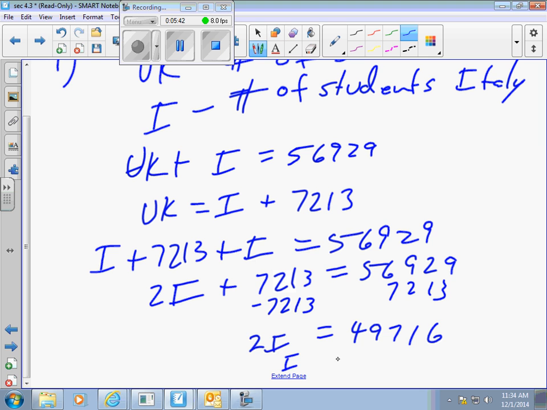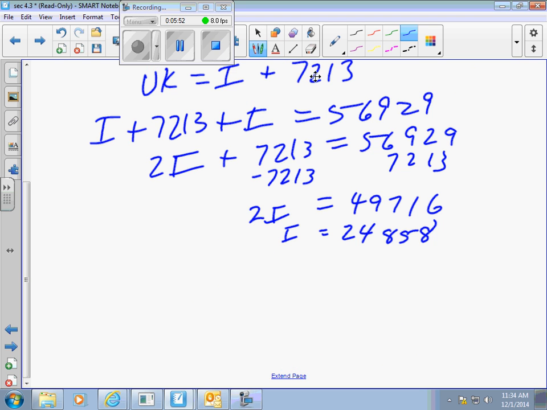Divide by 2 gives me Italy's population of students at 24,858. And if we know the total is I plus that would give me UK, I'm going to say my UK students are going to be 32,071.